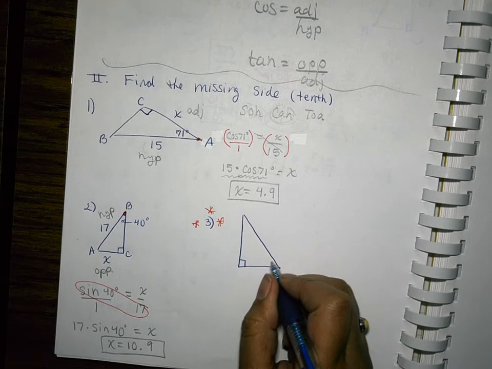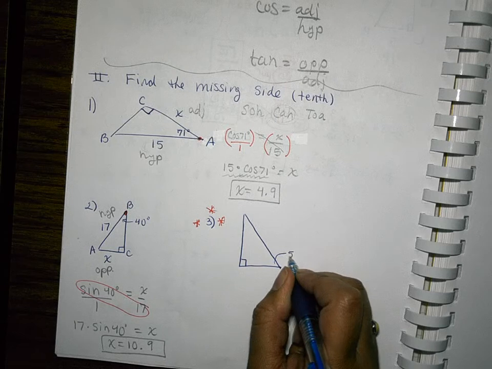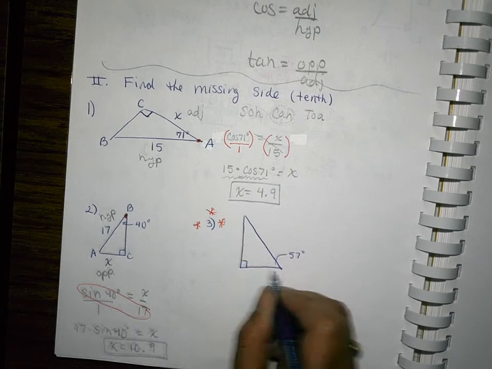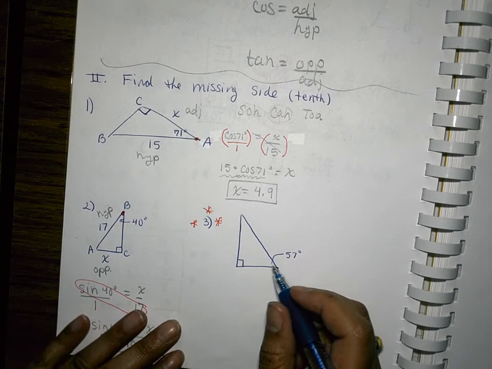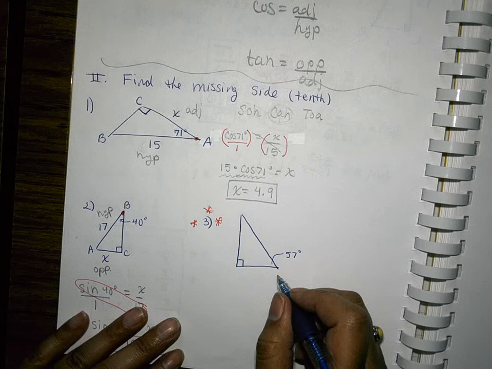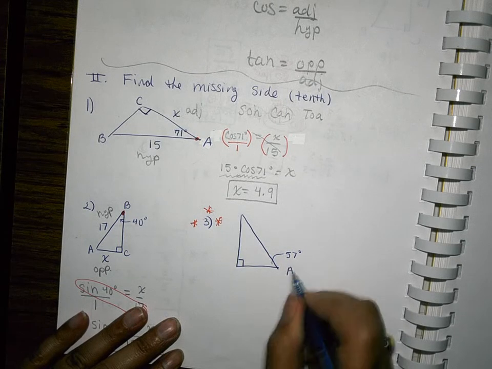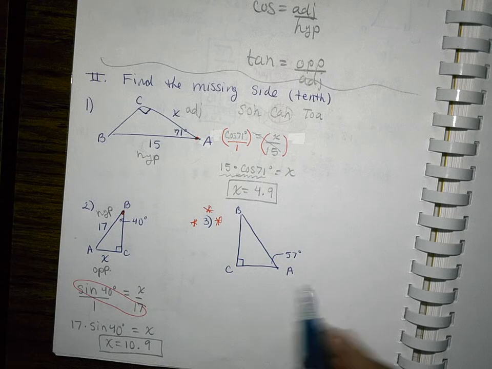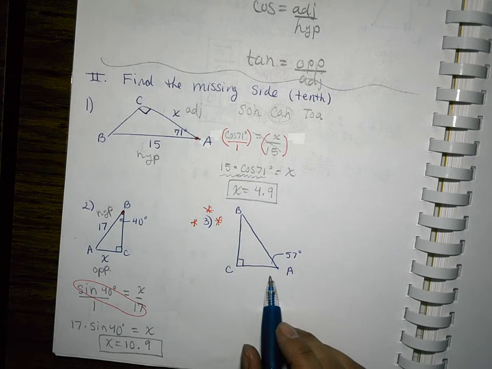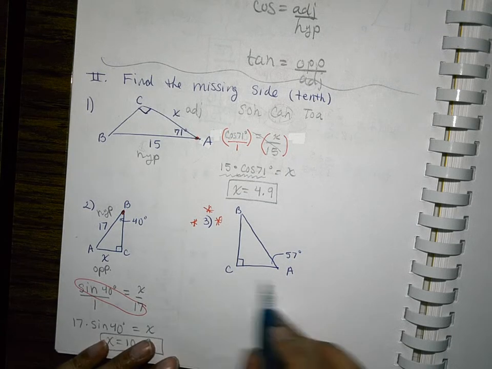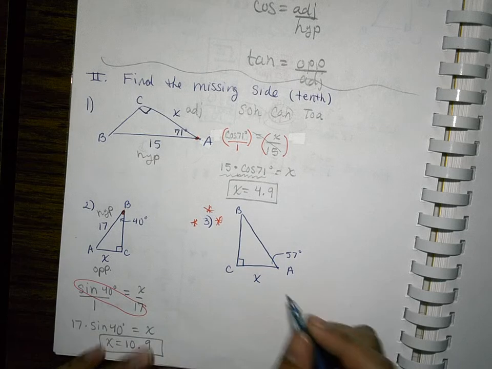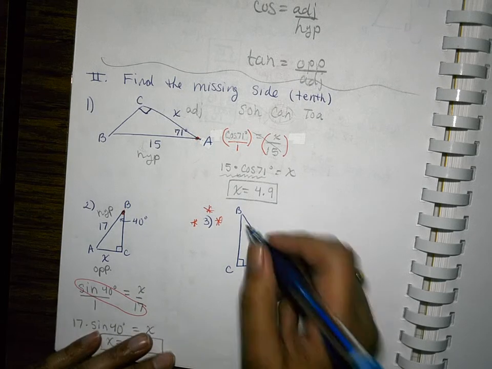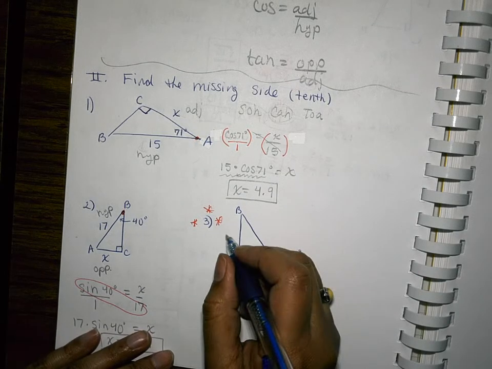This angle in here is 57 degrees. Again, angle A is 57 degrees. Length CA is X, and length BC is 14.